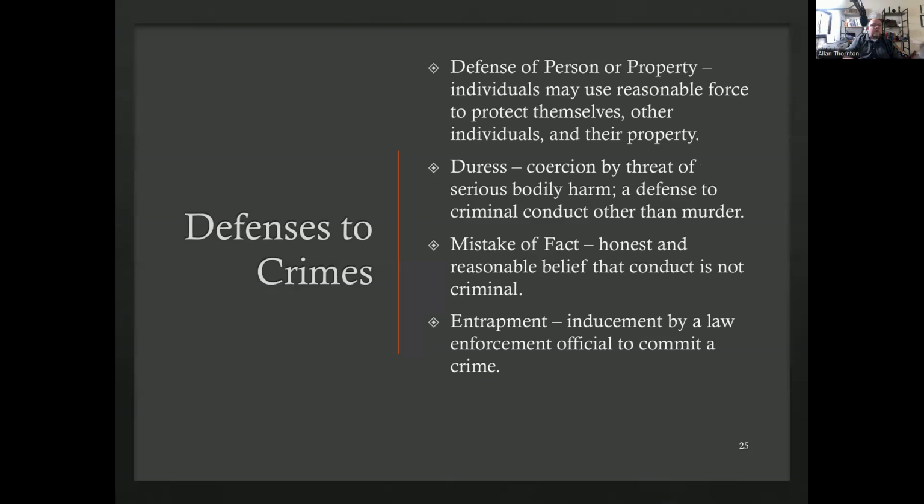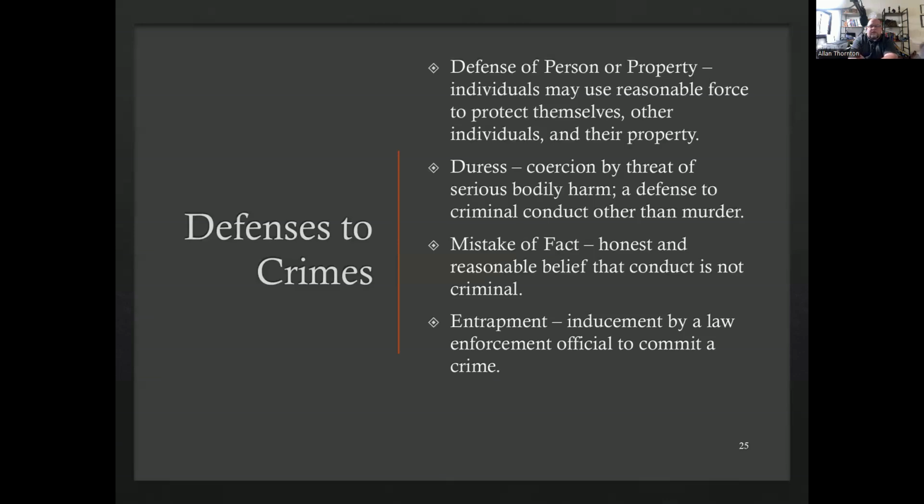Defense of person or property: use reasonable force to protect themselves or other individuals and their property, as can happen within a business. Duress: you were coerced into doing something by threat of serious bodily harm or harm to your family or those types of things. The only thing that does not give you a defense against is murder.